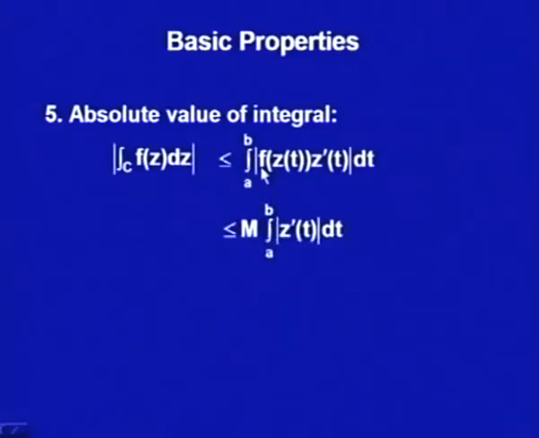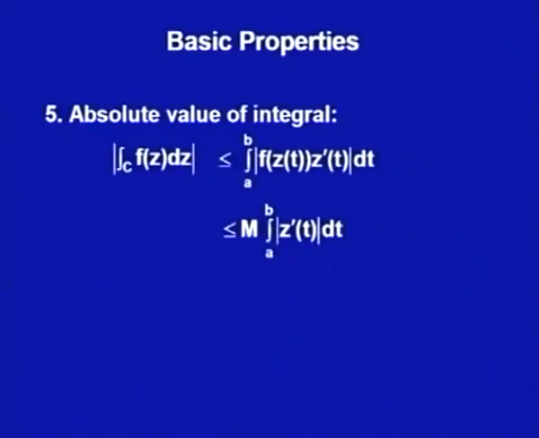Now, if I find the upper bound of the absolute value of f(z) on the contour C, let us say that upper bound is capital M, then that would be a constant. Since it is the absolute value of f(z), it has to be a real constant. So, this real constant I can take out, and then it would be less than or equal to M times the integral from a to b of the absolute value of z'(t) dt.